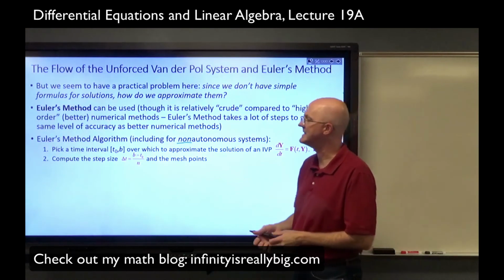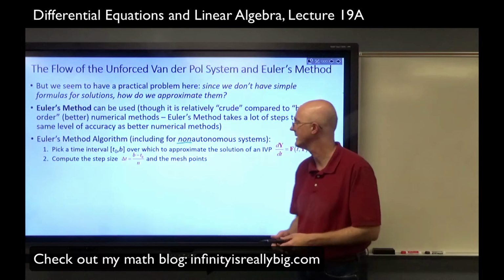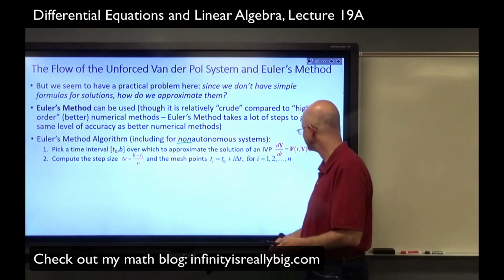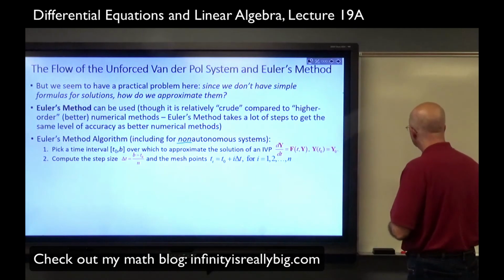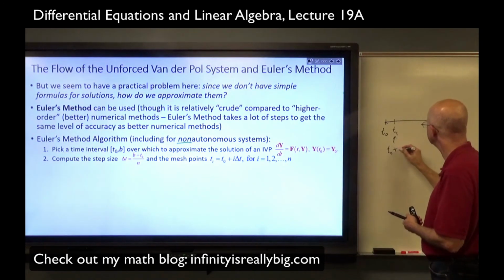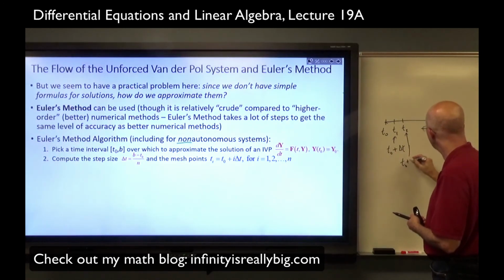Once you've got the step size, which is often some small number like 0.1 or 0.01 or 0.001, then define the mesh points, ti to be T0 plus i times delta t. So T0 is here, say. This would be T1, that would be T0 plus delta t. Then T2 would be T0 plus 2 times delta t.